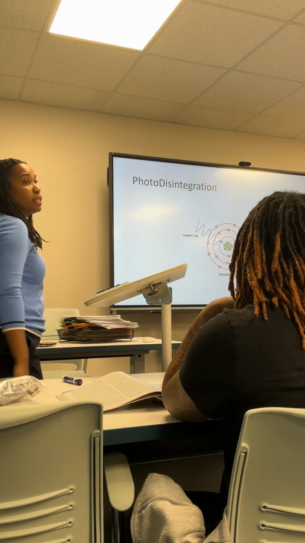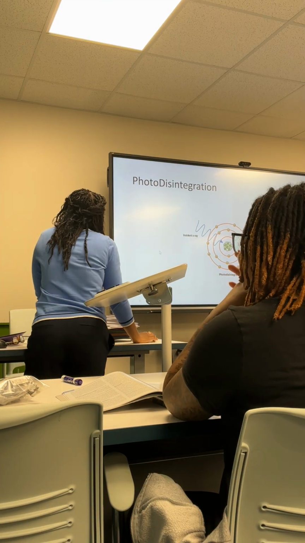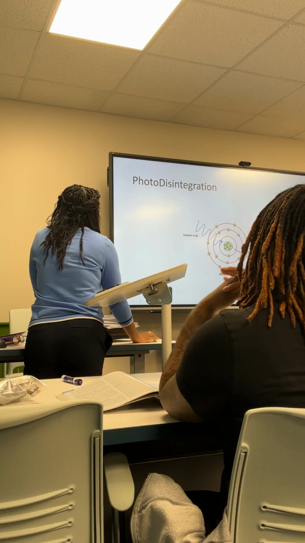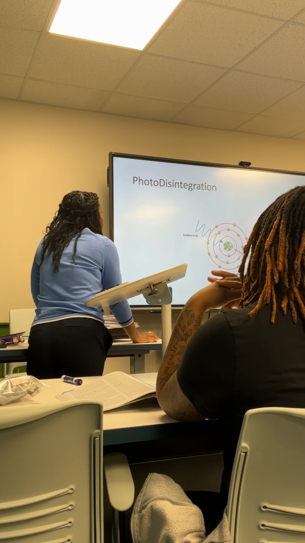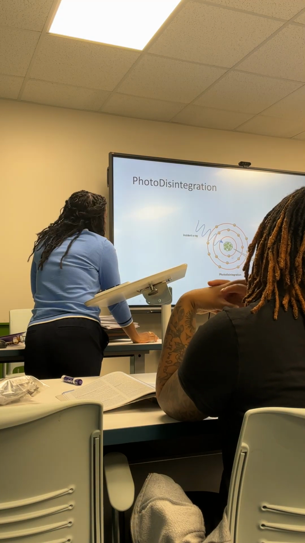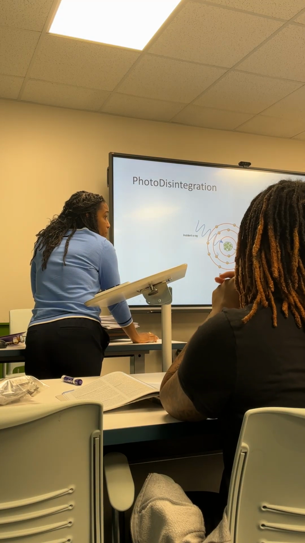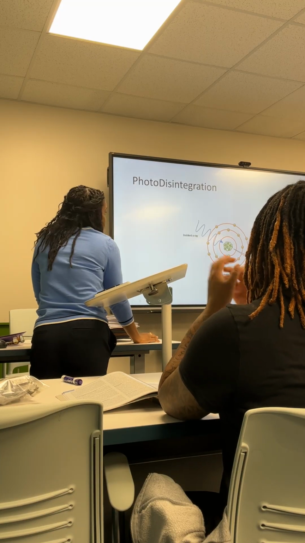Last table back there. Photodisintegration. So incident photon comes in, it's gonna mess with this nucleus, disintegrate the nucleus, and then it's gonna release this particle. So it's taking the whole nucleus and breaking it down, and then this is gonna be generated. That's photodisintegration.